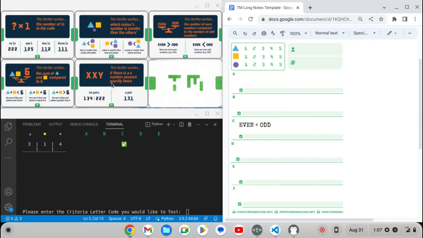So let's go ahead and test criteria card E. Okay, so again, it does approve of my proposal. Notice that in 314, they're all distinct digits, so it falls under the no pairs scenario. Let's go ahead and type that up in our notes in section E.